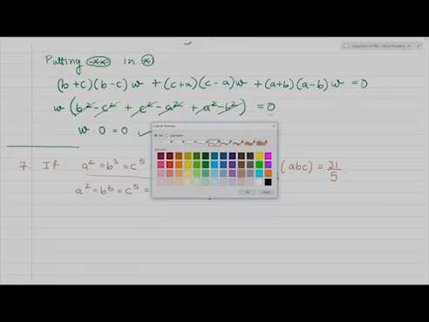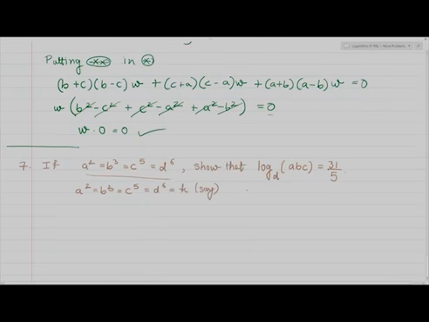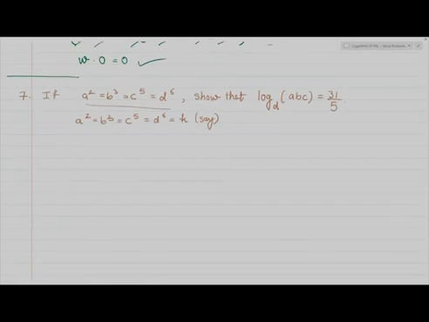Then I will write everything in terms of k.